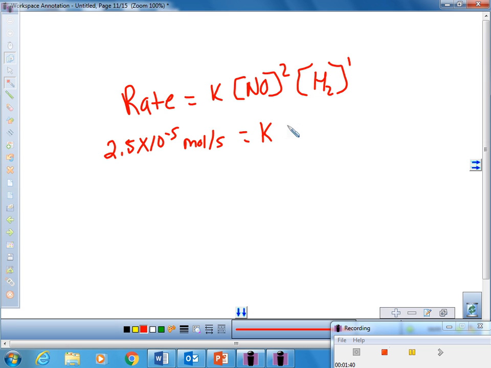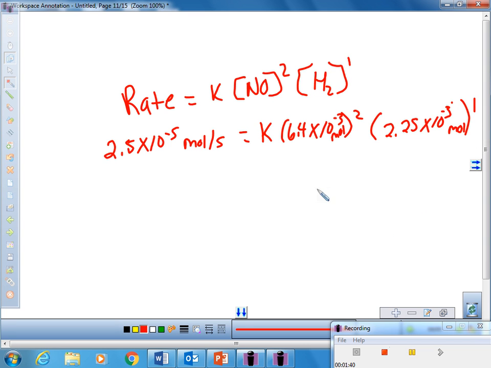I've switched pages, so you've got 6.4 times 10 to the negative third squared times 2.25 times 10 to the negative third. I lost my units there. There's a mole. There's a mole.